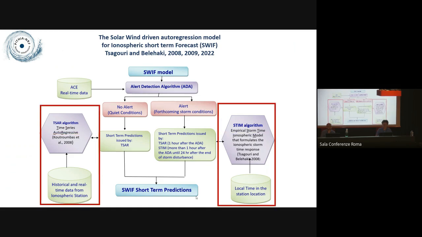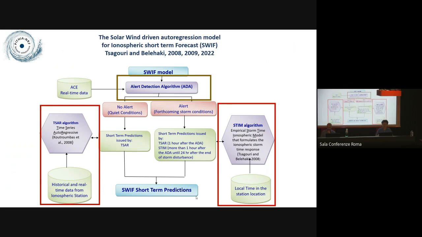The 2 basic components are the TSAR algorithm, which is the time series autoregressive algorithm, which provides the forecast of the ionosphere under any conditions up to 24 hours ahead, and the STEAM algorithm, which is an empirical stormtime ionospheric model, and it is activated only when we have ionospheric storm conditions. The third component of SWIFT is the alert detection algorithm.